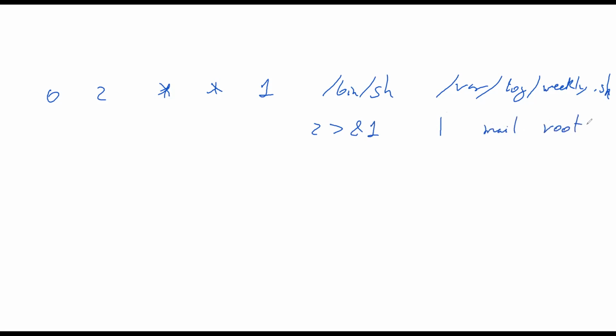All right, so what about this one? Obviously this part is the same: running a script, redirecting the output, piping it into the mail system for an email. So what about this part over here? When is this supposed to run?